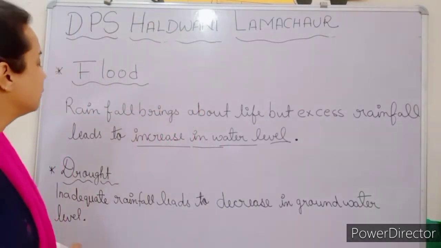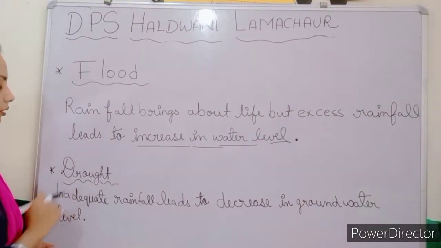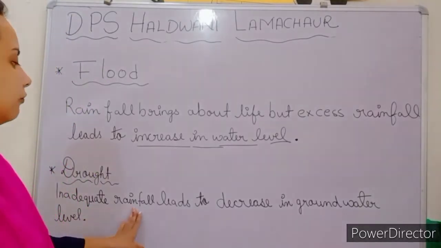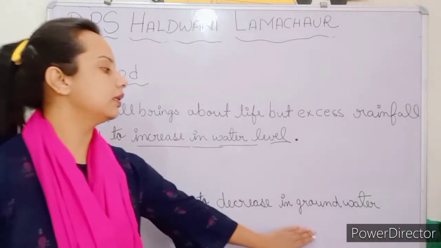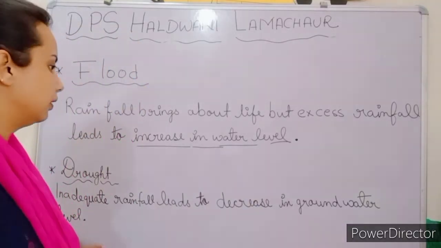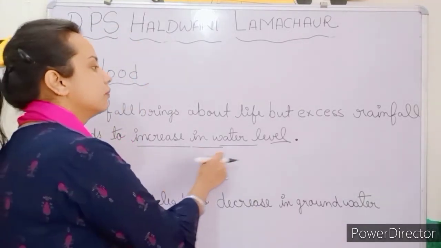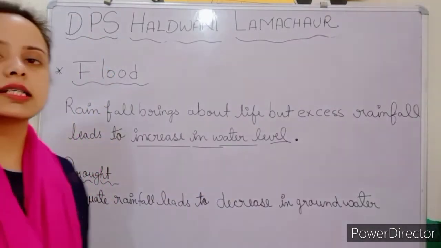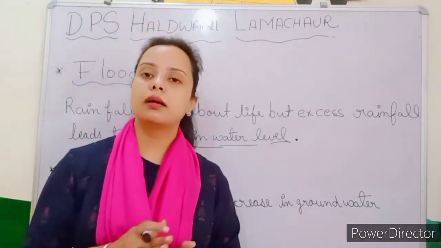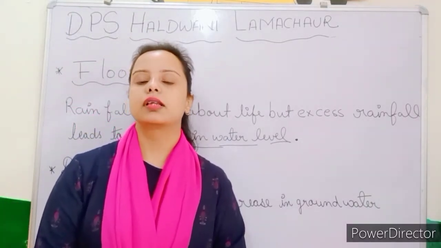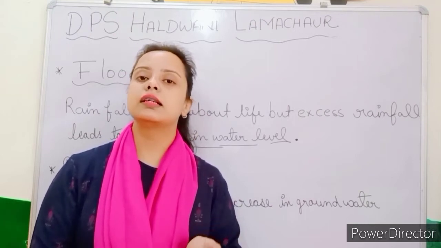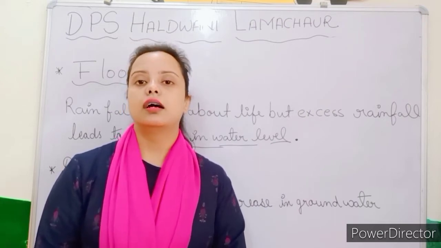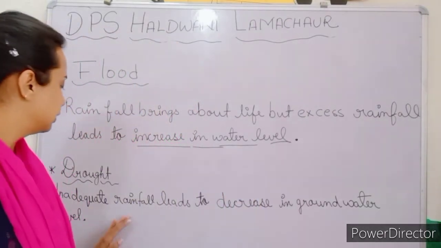Now the second term is drought. What is drought? It is the opposite of flood, that is, inadequate rainfall leads to a decrease in groundwater level. In a flood the water level is increasing, but in the case of drought the water level is decreasing. जब कम amount में rainfall होती है, then as a result the level of the water decreases, and hence drought takes place.